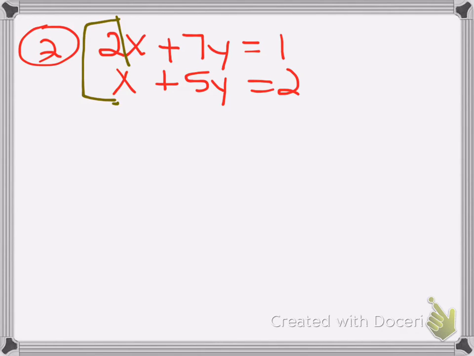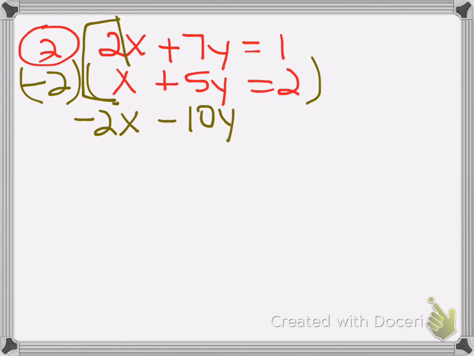So what I'm thinking here is that if I can multiply this equation through by a -2, then I can get the right number in front right there to add those straight down and have them cancel. So if I multiply through by a -2, I'll have a -2x, a -10y, and a -4.